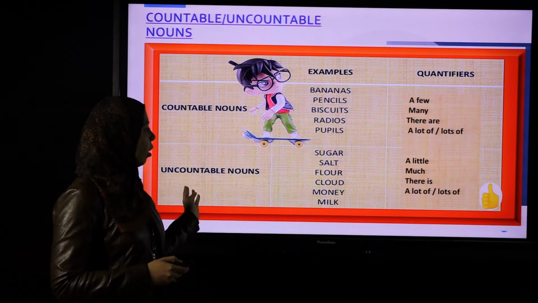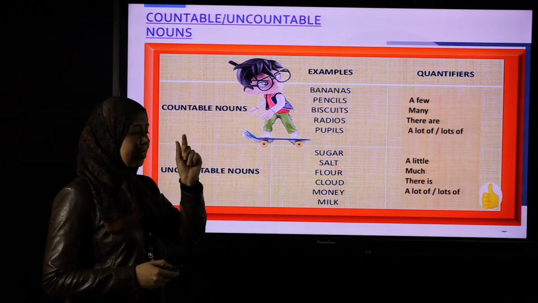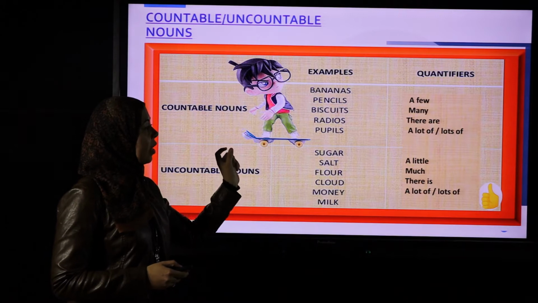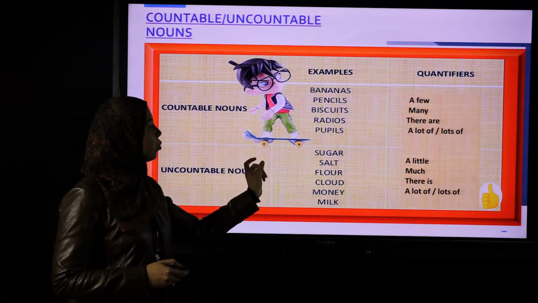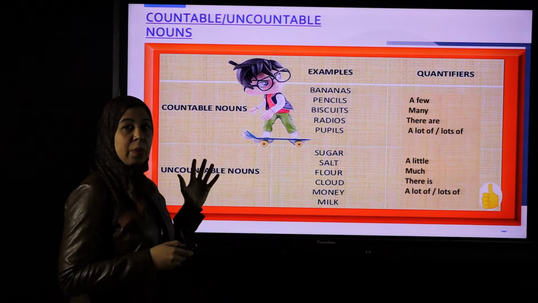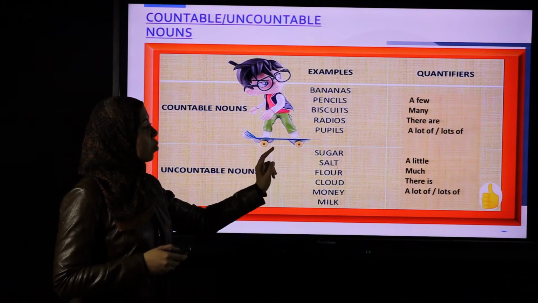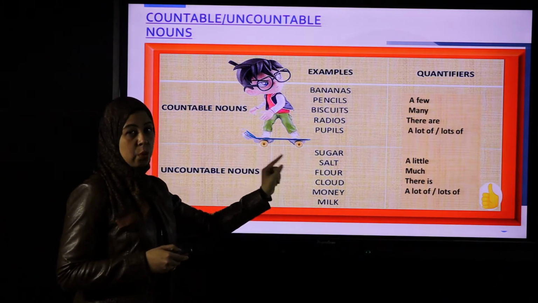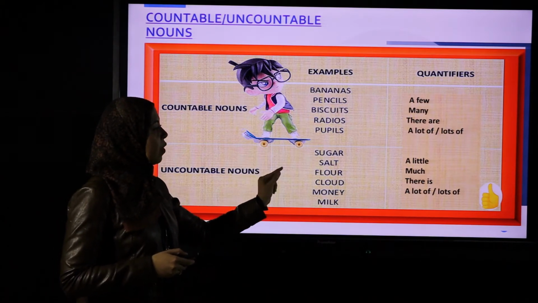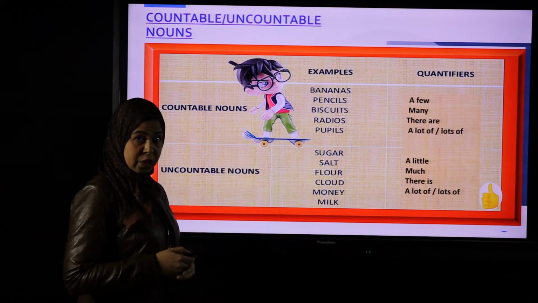When I talk about uncountable nouns, I can use a little for the little amount, like when I say, I have a little amount of sugar in my coffee. When we talk about the big amount, we can use much. And after this, we should use there is with it, so that we can say there is much flour in the dish.